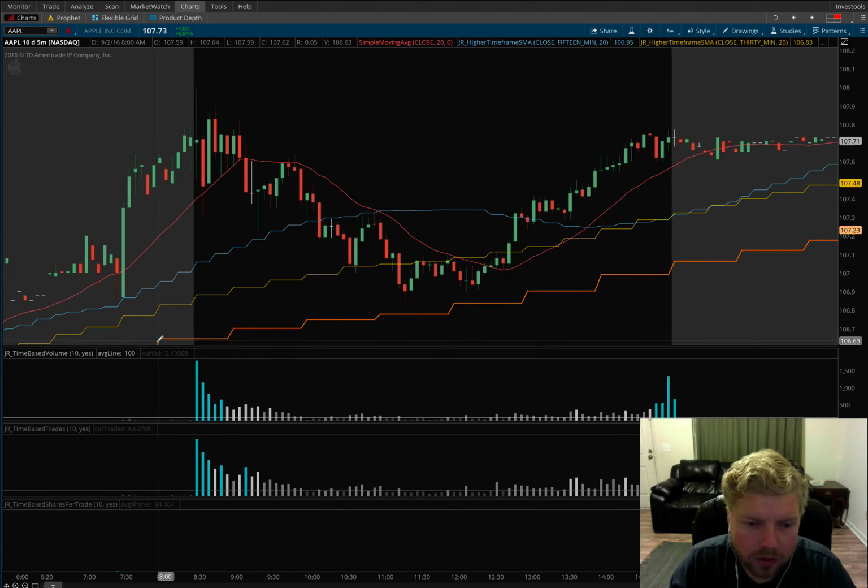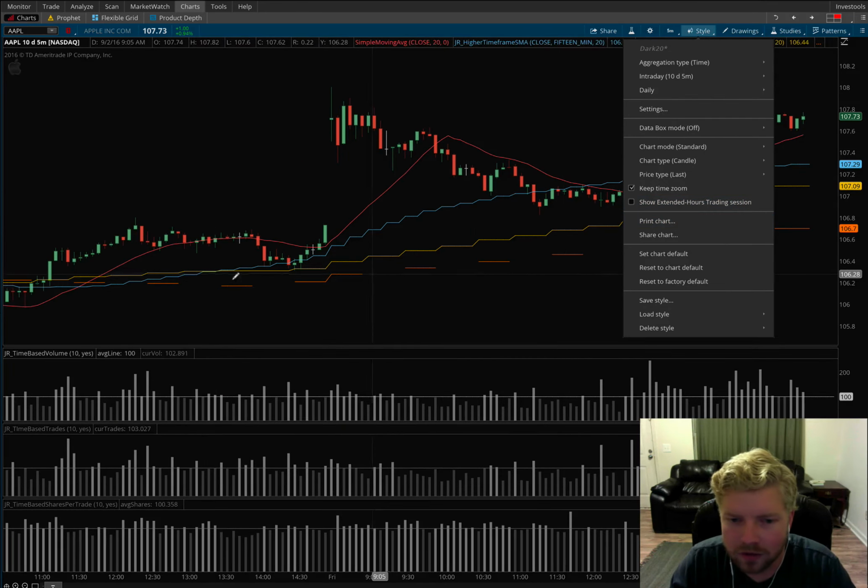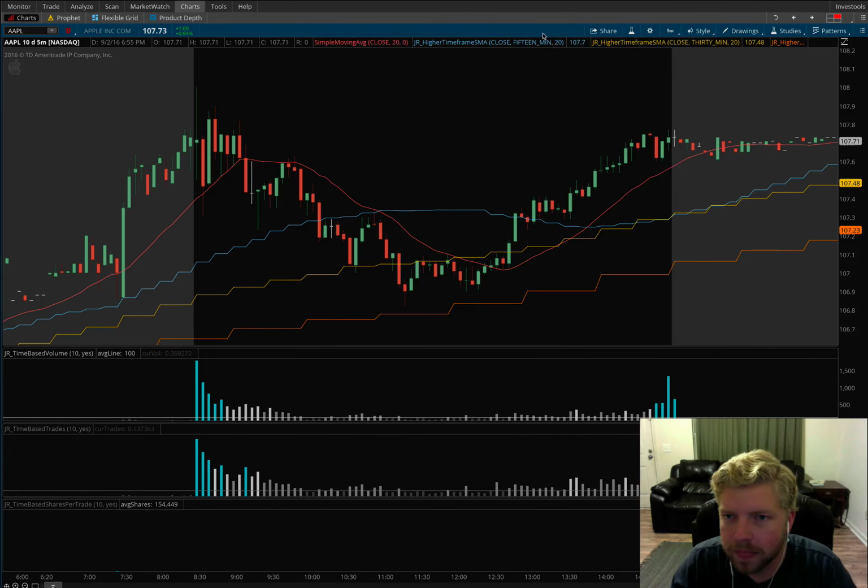The hourly only works properly when it's on an extended hours chart like this, where extended hours are being shown on the chart with the regular hours. If we turn that off, you can see that it gets a little bit choppy here, so it doesn't display right. But the 30-minute, the 15-minute, and all the normal ones lower than an hour would display properly on that chart.